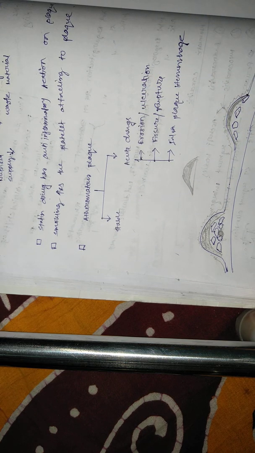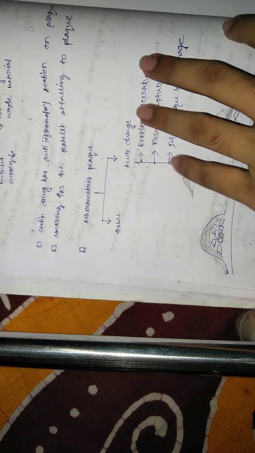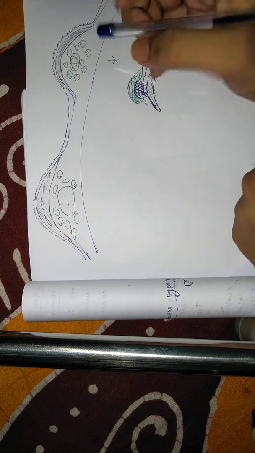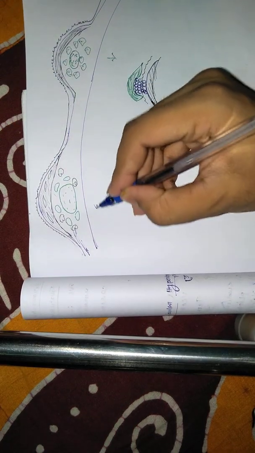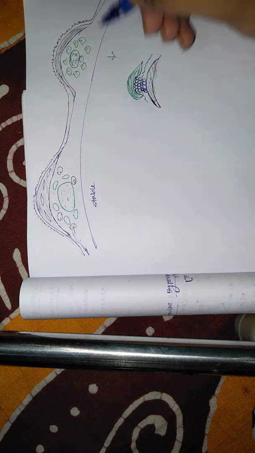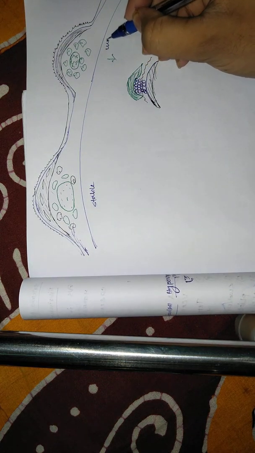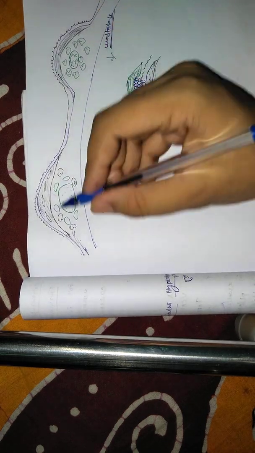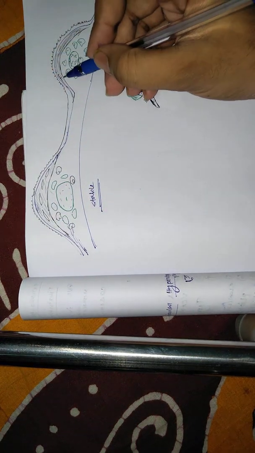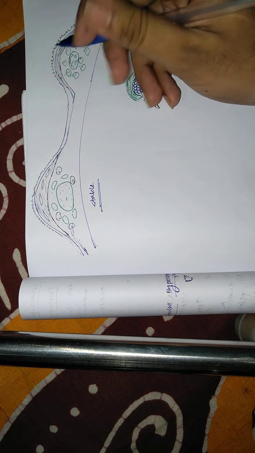Obviously, unstable is riskier than stable. Now I'm showing you the images, right? This is the image of the stable plaque, and this is unstable, right? Unstable. Now why unstable is dangerous, why more risky, I will be telling you, right?